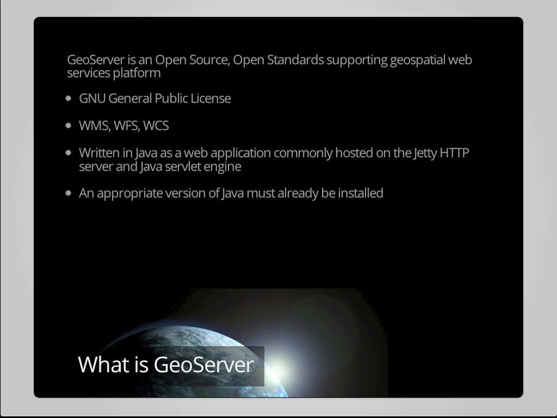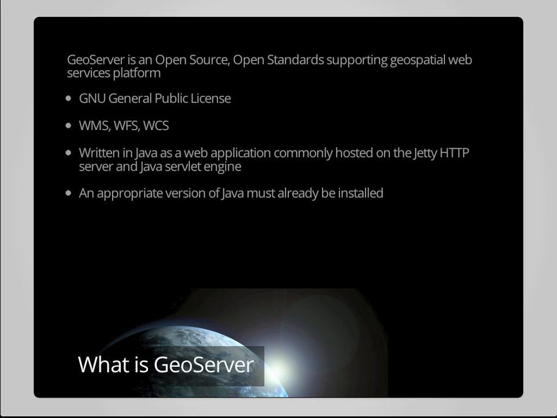GeoServer has been designed from the ground up as a reference implementation of a number of Open Geospatial Consortium service standards, including Web Map services, Web Feature services, and Web Coverage services. It also implements the OGC Styled Layer Descriptor styling standard for defining styles that can be applied to the service layers that are published as a part of GeoServer.